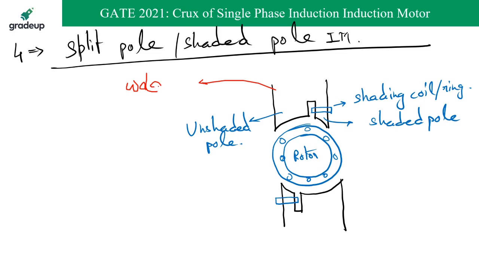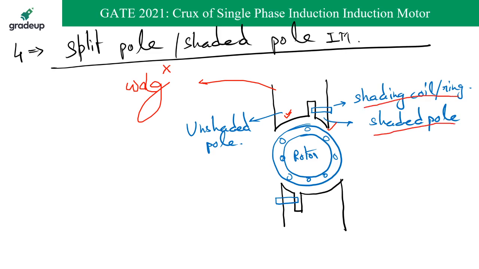Rather, the pole is split into two parts, one smaller part like this and one larger part like this. In the smaller part, either a shading coil or shading ring is used.